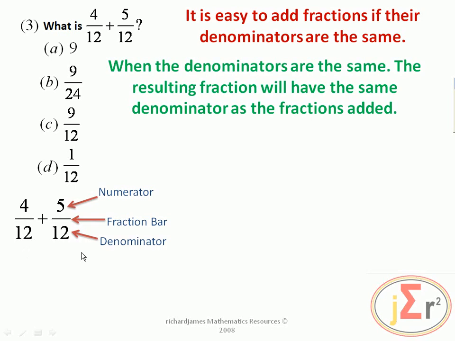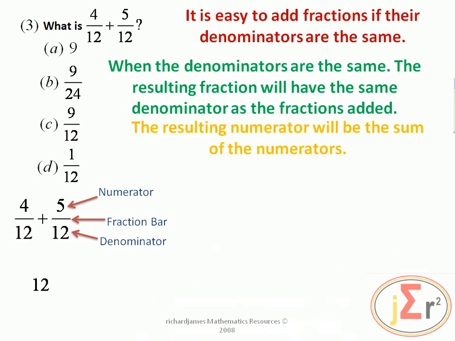Later on, we will see why that is so. So the denominator will go first. The resulting numerator will be the sum of the numerators.